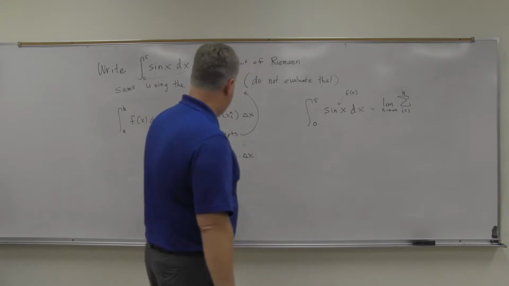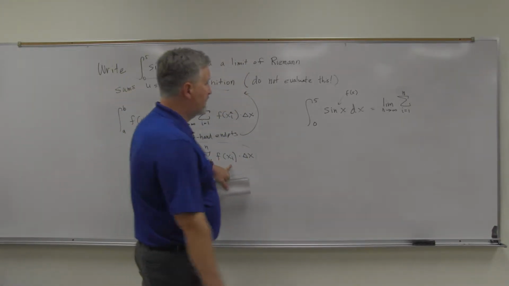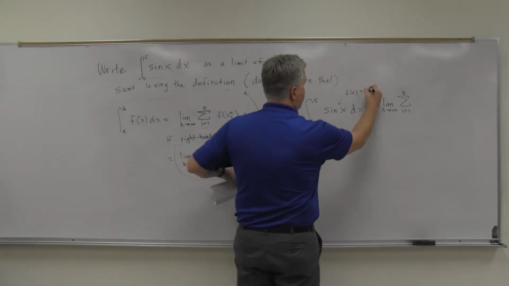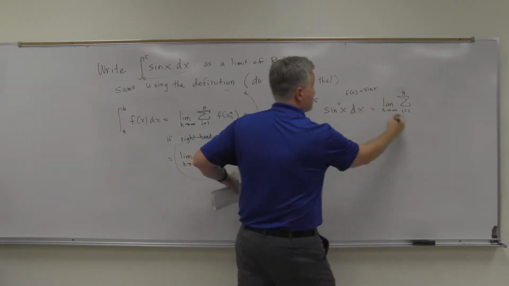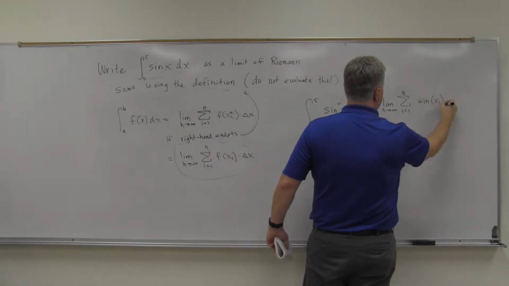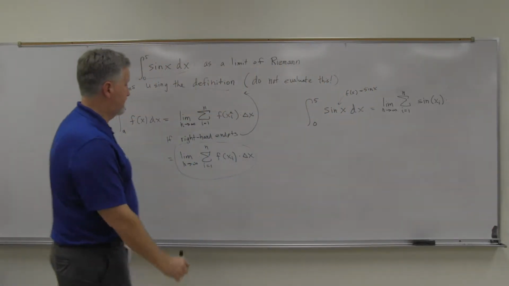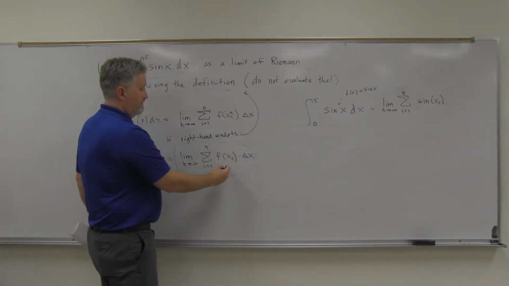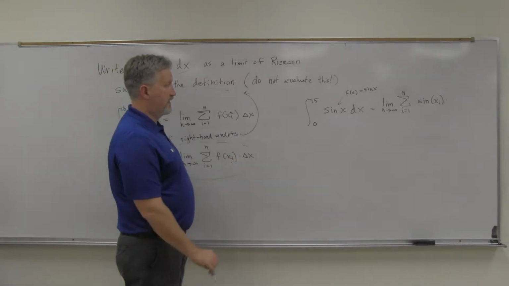All that stays the same, but it's f of x sub i. Well, f of x is sine of x, and so f of x sub i would be sine of x sub i.